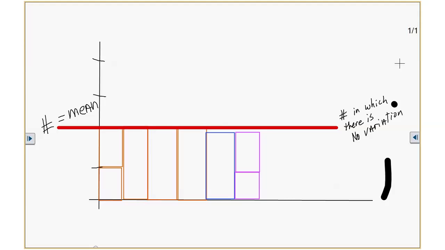Now there's only one thing in our life that has no variation. And what is that? One thing in our life that we have no control over. Time. That's the only thing in our life that has no variation. Why does it have no variation? It's always the same and we have no control over it.